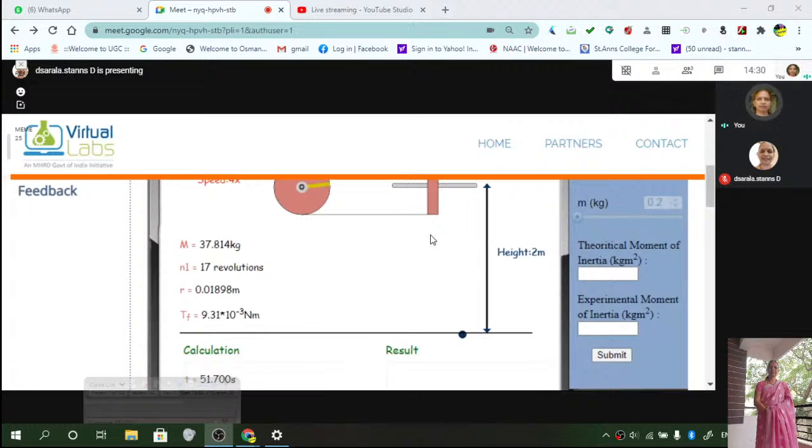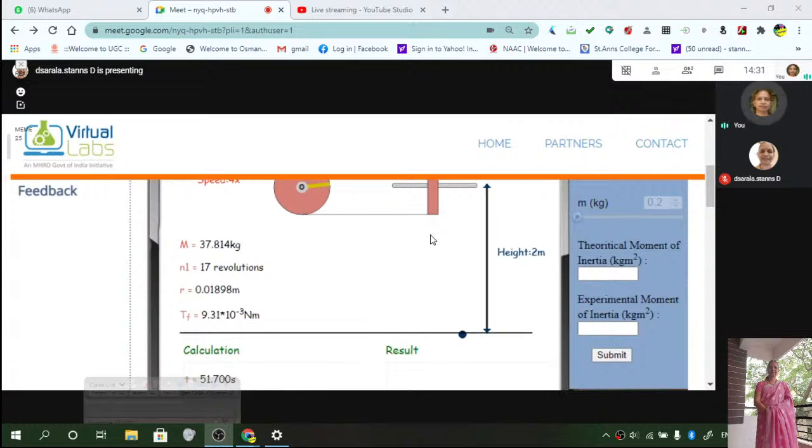How do you calculate? Just go down and calculate. This m is small m. This is not the mass of the wheel, it is the mass attached to the wheel.